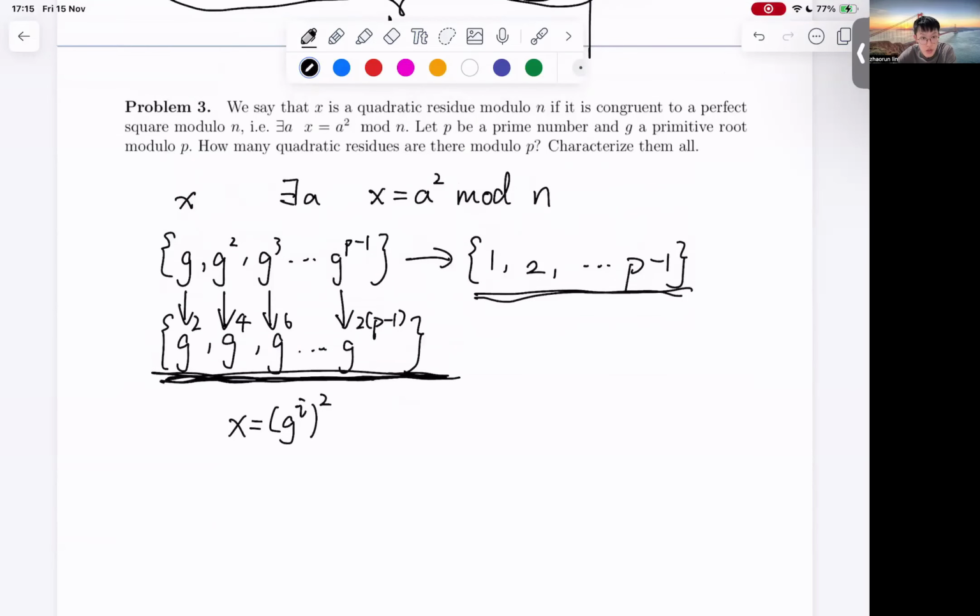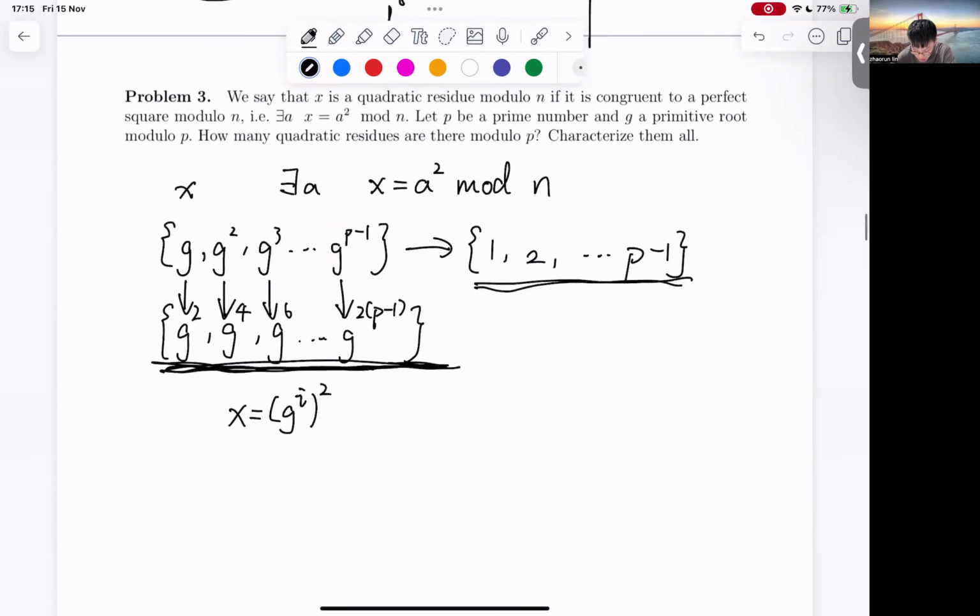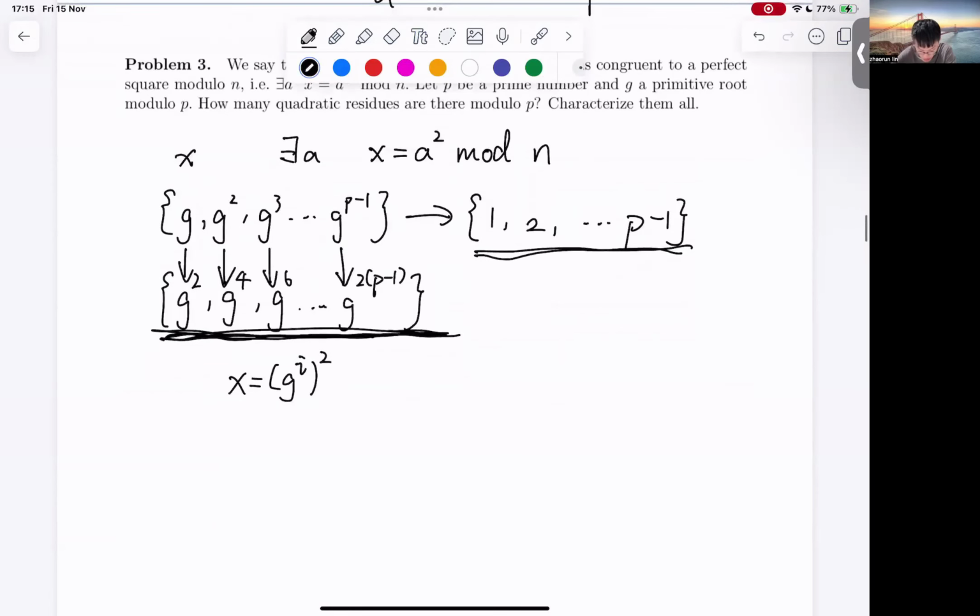And since we're only taking quadratic residues modulo p, we should only consider those quadratic residues up to p minus 1.